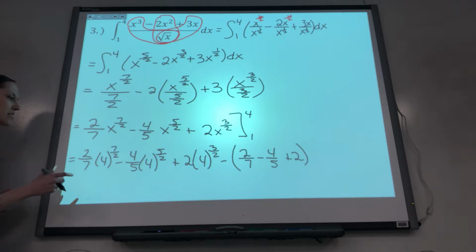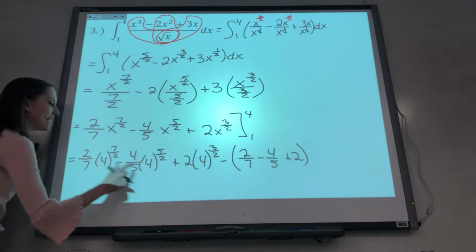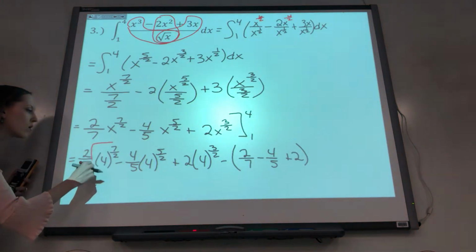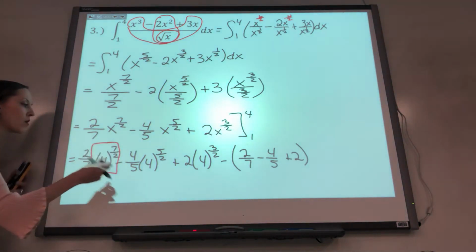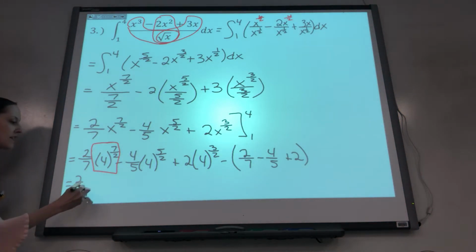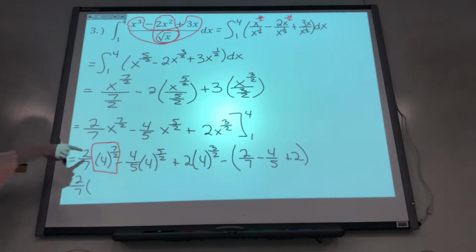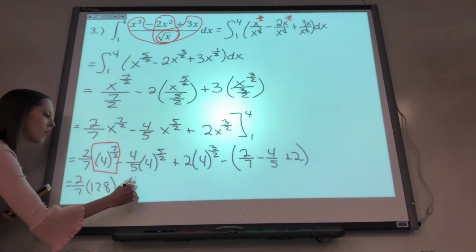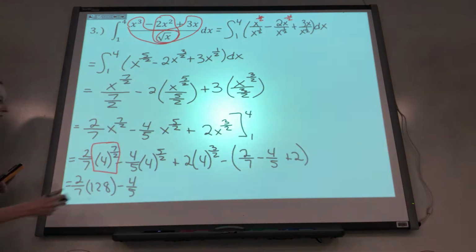But I should pick my calculator back up for this part. There's a lot of fractions going on up here, so I'll work on the exponents first. Leave 2/7 alone and let me figure out what 4 to the 7/2 power is. That's 128. I'll keep multiplying that in a second.